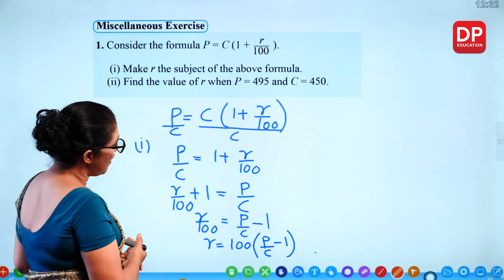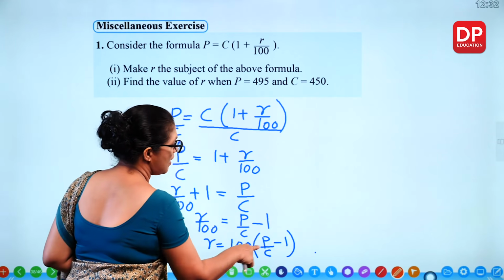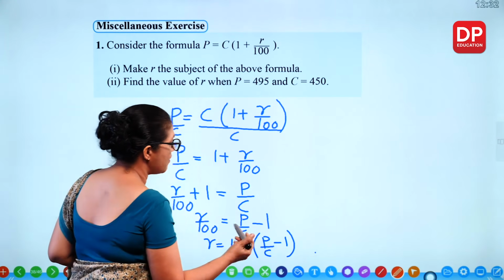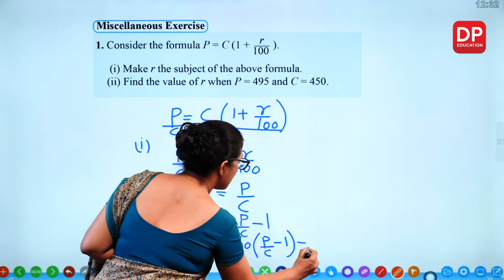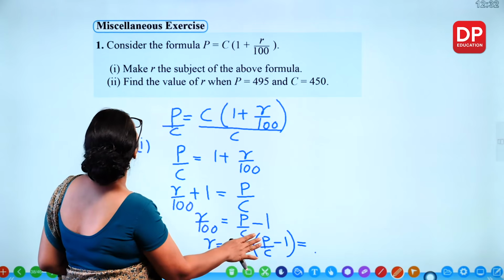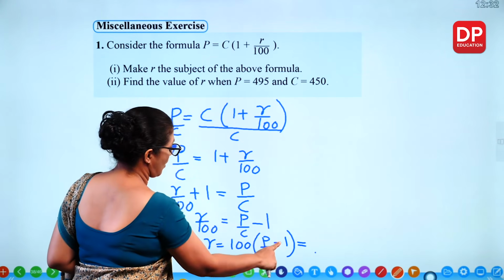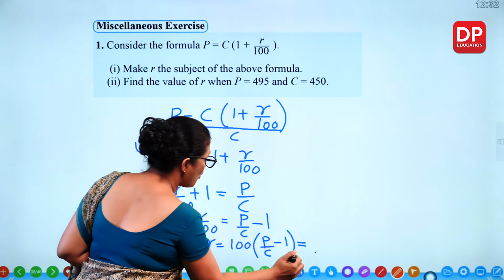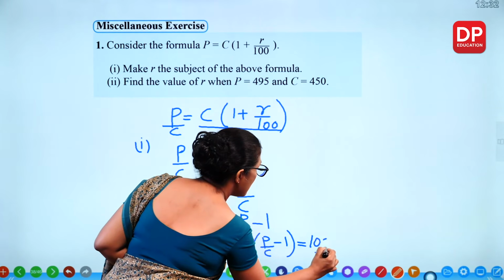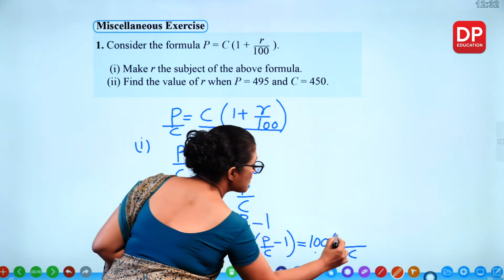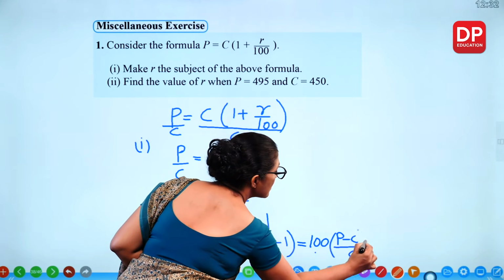I can simplify. I can keep the common denominator as c and rewrite this. But you can substitute the values using this as well. But here we'll do the common denominator c as well. So if you take common denominator c, this becomes p minus c.